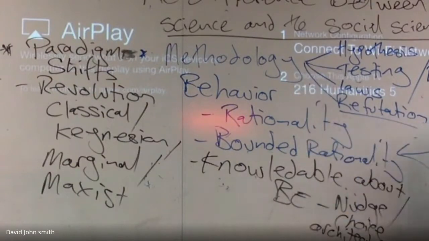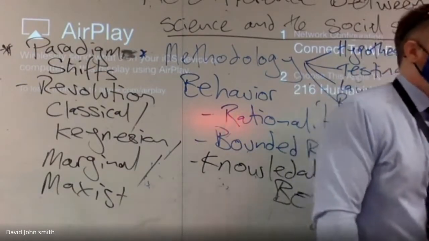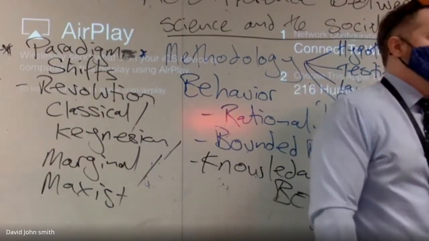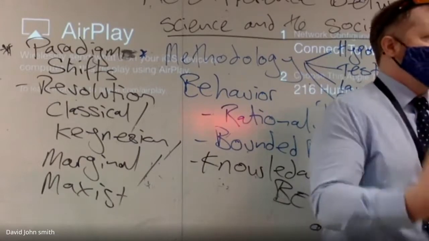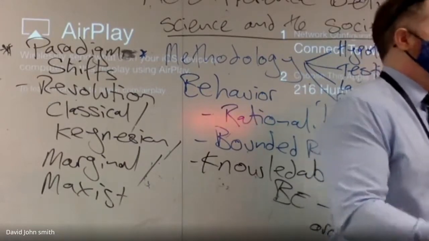So for bounded rationality, you just say that humans tend to act rational, but sometimes they don't act rational. Sometimes what appears to be irrational behavior is actually rational within limits, or rational within the boundaries of your imperfect information.